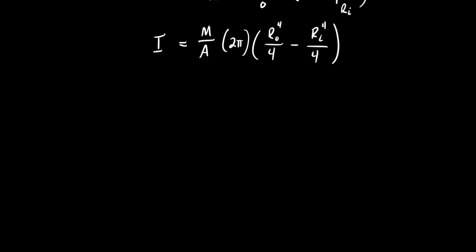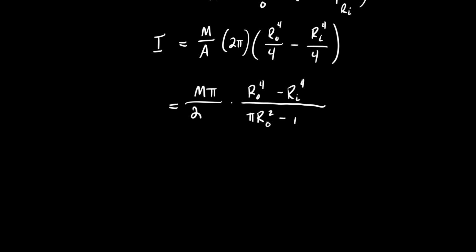You can factor out the 2 pi, and the 2 and the 4 will cancel, and this will give me m times pi divided by 2a. But instead of a, I'm going to go ahead and put this as r outer to the 4th minus r inner to the 4th. And I'm going to sub in what I know about a, which is pi r outer squared minus pi r inner squared.